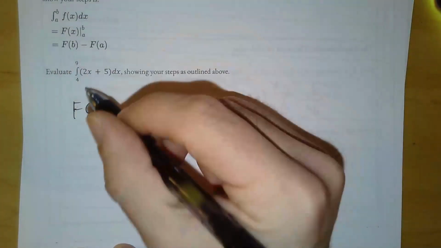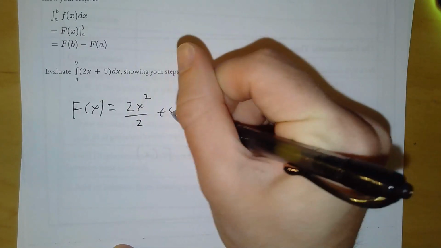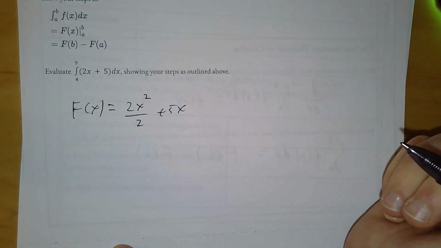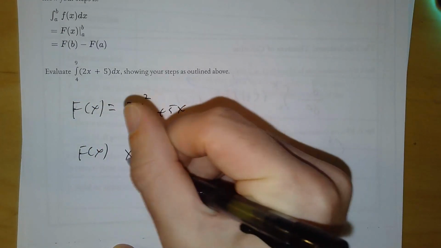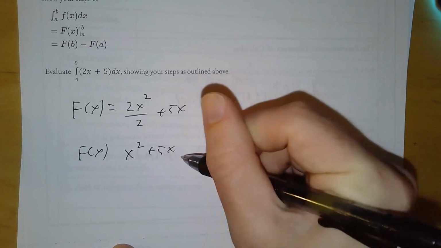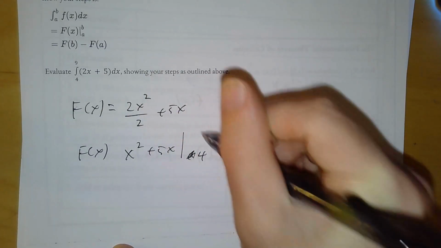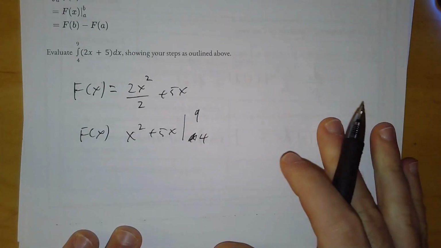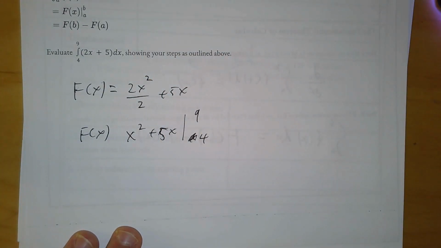So capital F of x here is going to be, okay, 2x squared over 2 plus 5x, which is going to simplify to x squared plus 5x from 4 to 9. And we don't need to add the c because it's a definite integral, and it'll cancel out at the end.